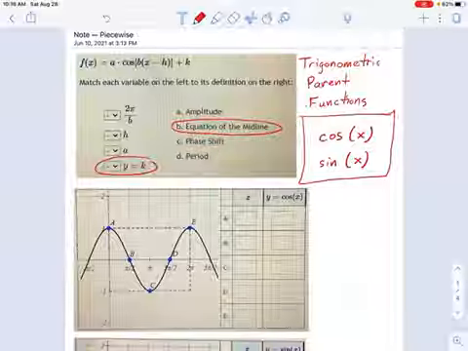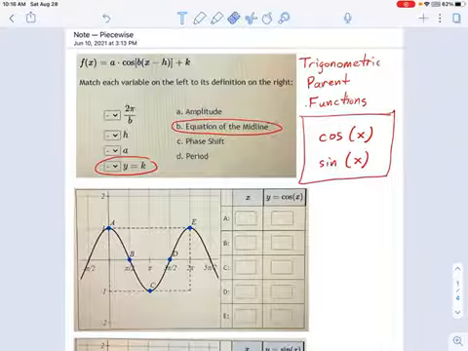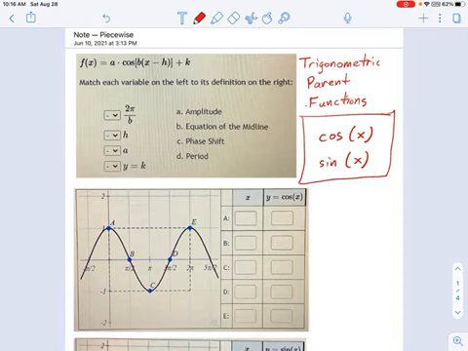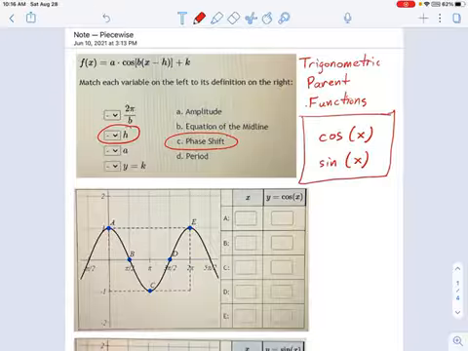So that works the same way as the vertical shifts that we saw in previous chapters. And we'll get into some of these other ones later, like phase shift. We're not going to talk about this one very much right now. That involves a horizontal shift, left and right, just like we used to do shifts left and right with the other parent functions before.